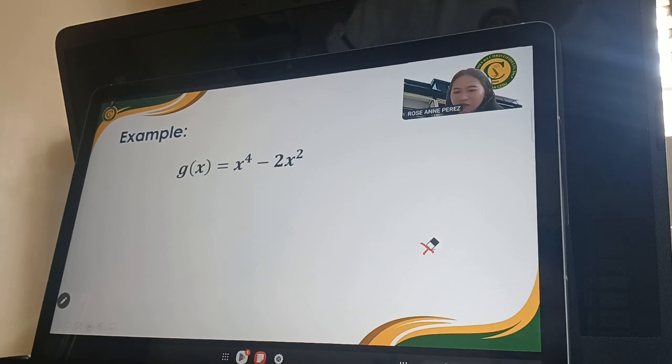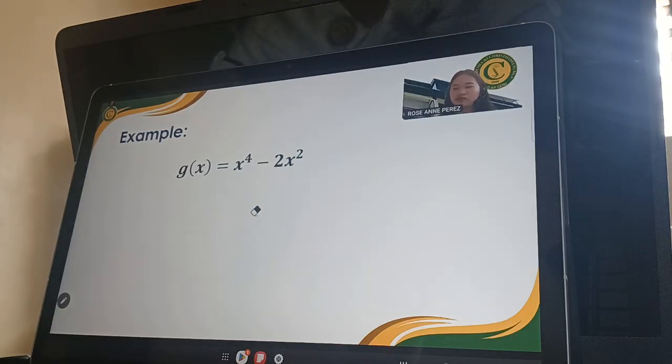You can use your notebooks. Again, in identifying if it is even or odd, all you have to do is make your x negative.